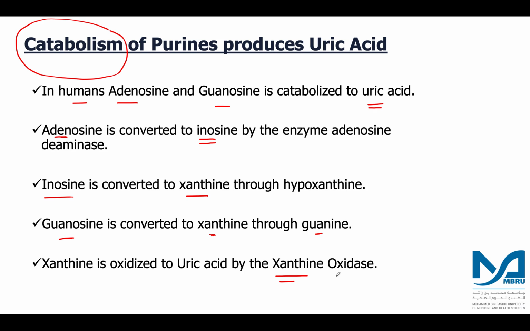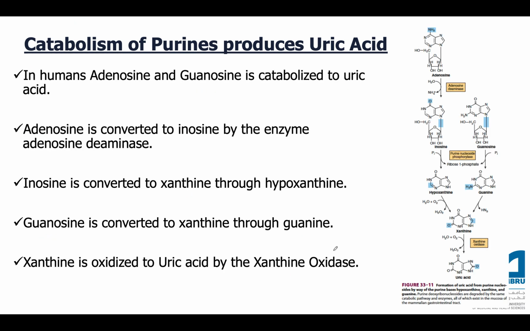So if I want to quickly go through the catabolism of purines again, we have adenosine, which is converted to inosine, and you can see here inosine is converted to hypoxanthine, and hypoxanthine is then converted to xanthine, and xanthine to uric acid.